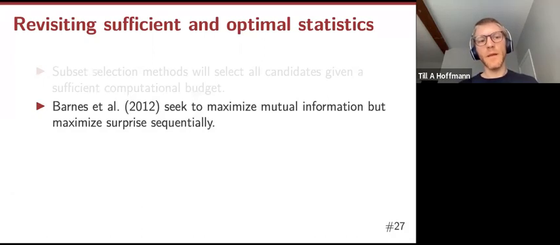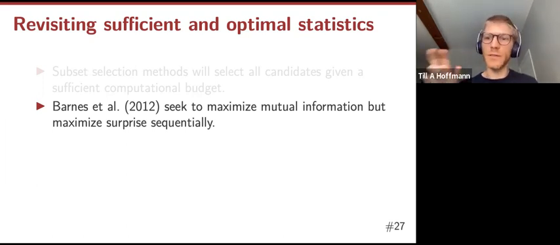So Barnes and others sought to maximize the mutual information, but in terms of the algorithm, they actually sequentially optimize the surprise. So the idea being that we start with a prior, and then we pick the summary that most updates the prior. We add that to our set of summary statistics, and then we'll proceed as before.